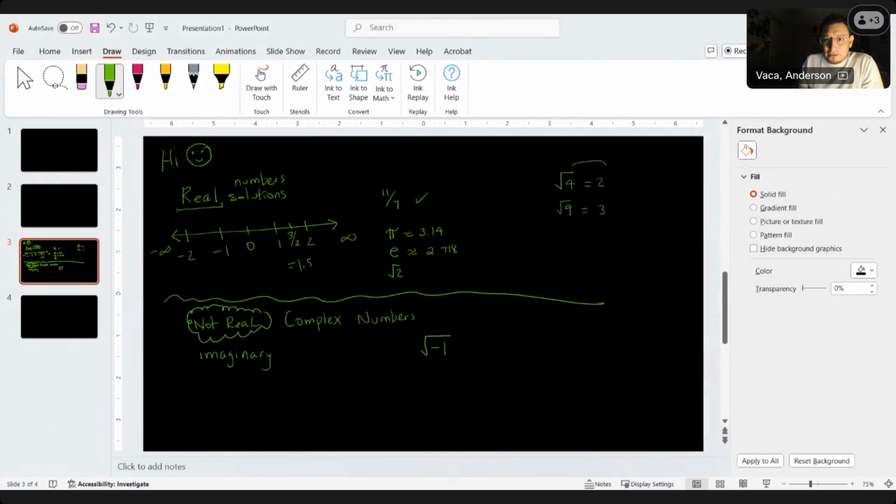But also the square root of 4 is -2, and the square root of 9 is -3. Why is that? Because if we square these quantities, the answer will be 4, and if we square these, the answer will be 9. Positive times a positive will be a positive. Negative times a negative will be a positive.